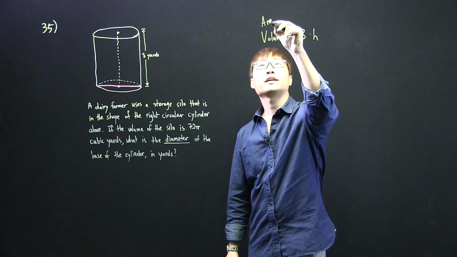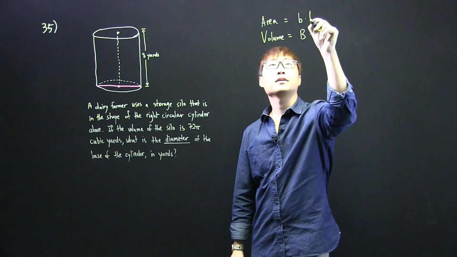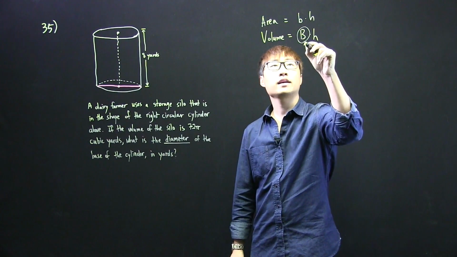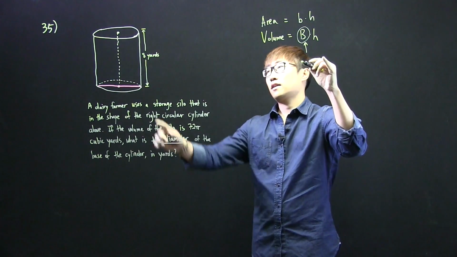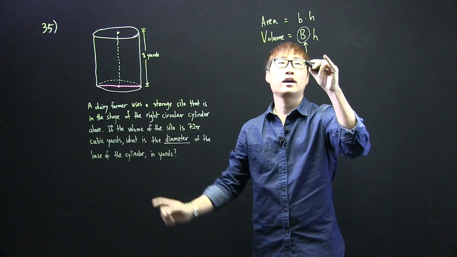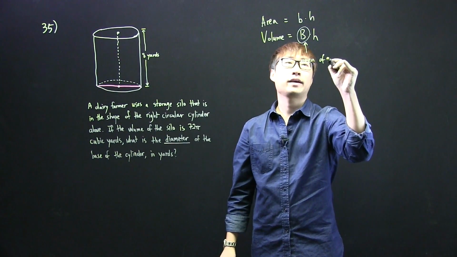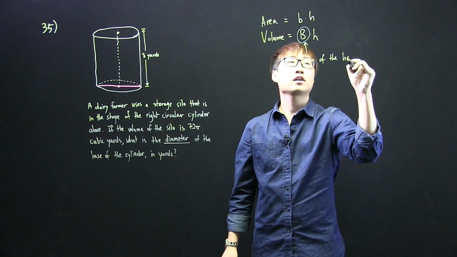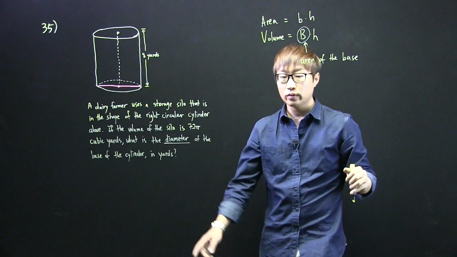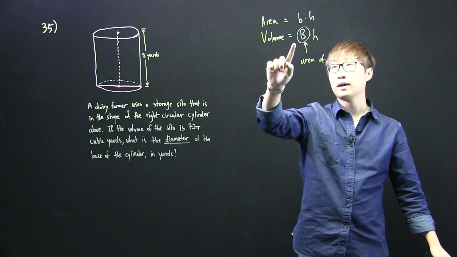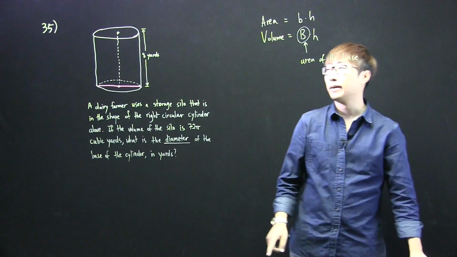Area is also base times height, except it's a small b. And what does big B mean in this case? Big B is the area of the base. When we're talking about volume, since we're dealing with a 3D image, the big B stands for the area of the base.